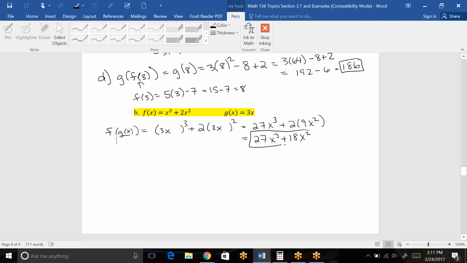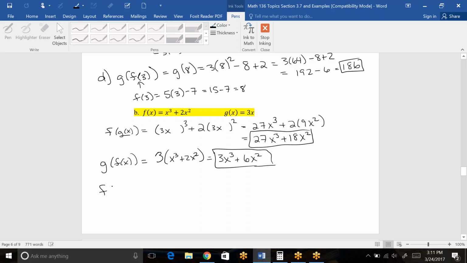So there's f of g. G of f would be 3 blank. And in the blank we put f, which is x cubed plus 2x squared. So that's 3x cubed plus 6x squared. So notice that was the easier one in that case.